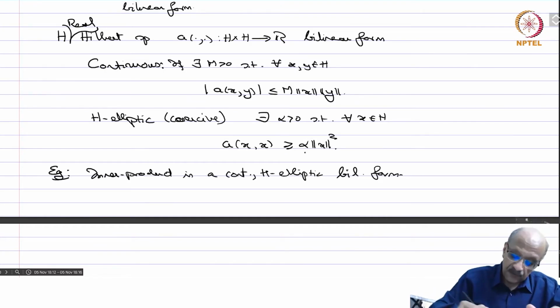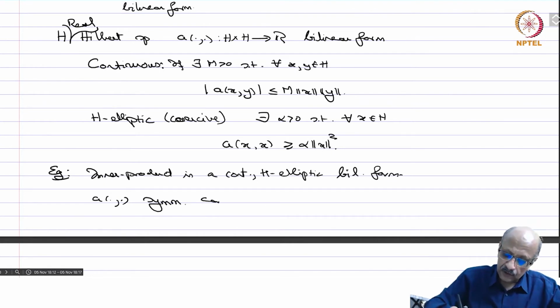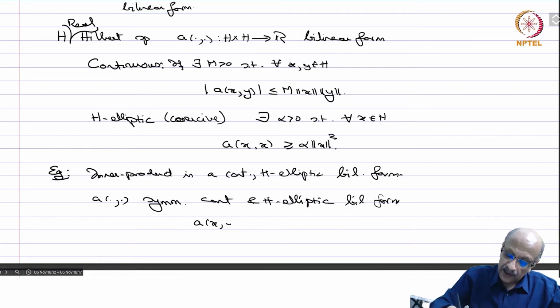More generally, if A is a symmetric, continuous and H elliptic bilinear form. So symmetry means what? A(x,y) equals A(y,x) for all x, y in H.